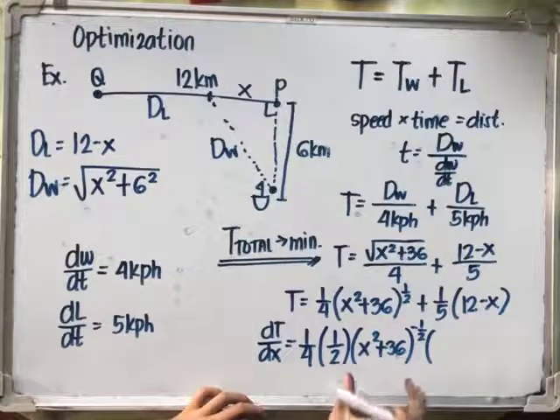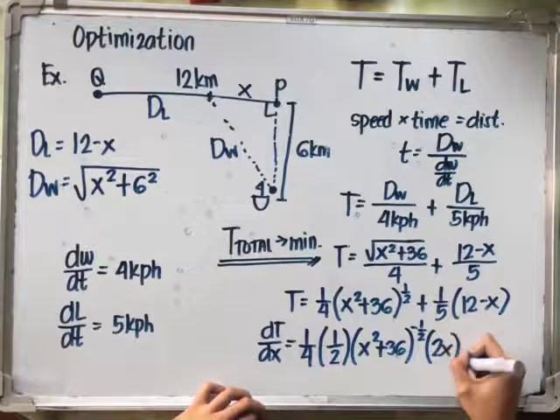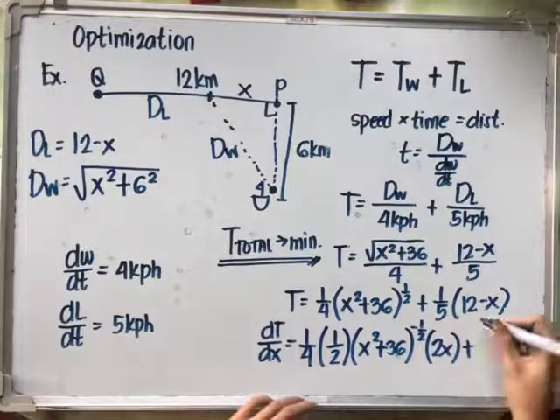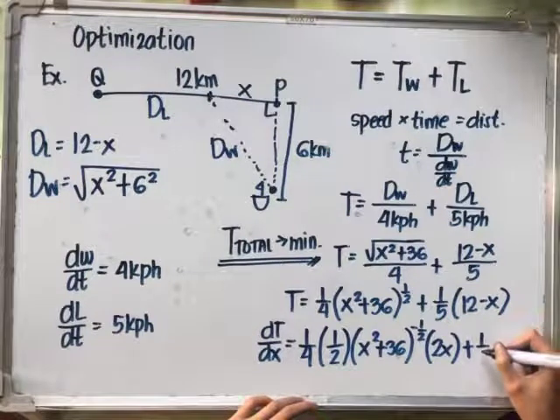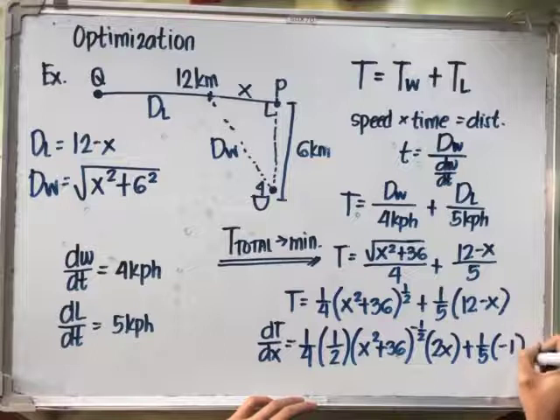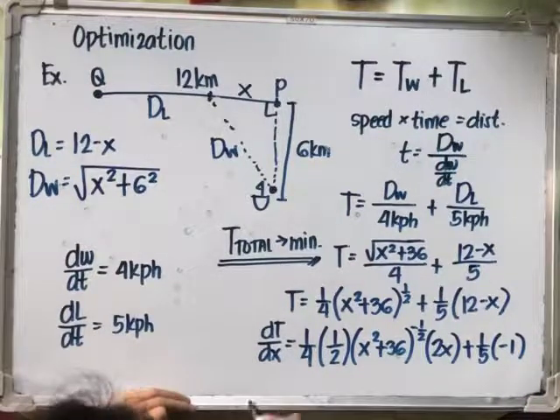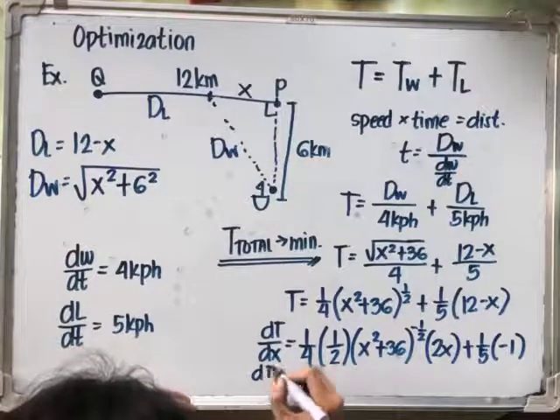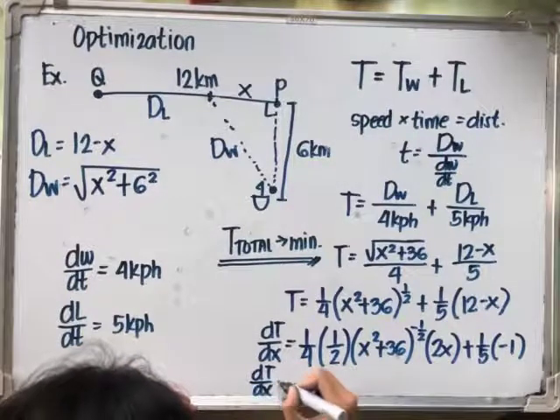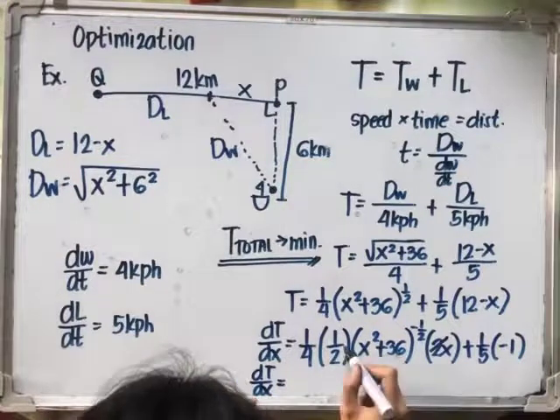And don't forget to differentiate what is inside. 2x. On this side, we have 1/5 times negative 1. Okay? Simplifying it further now, we have dt over dx. That is how much? 2 will be cancelled.